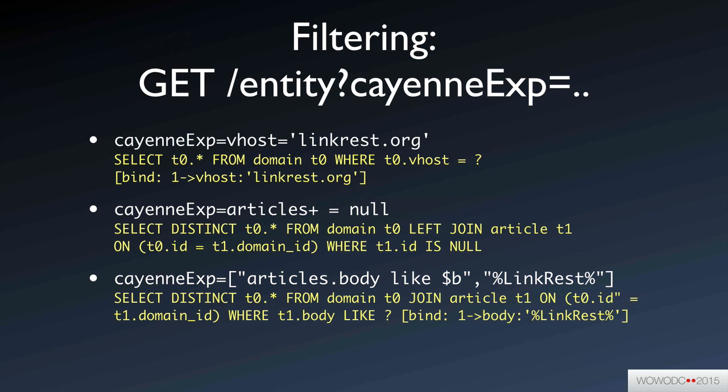And the third one shows that actually these parameters, they can take JSON structures as well. And if you're coding in JavaScript, that can be handy because that's how your JavaScript objects are organized. And it can take a list, and the first item in this list is an expression with parameters. As you see, there's a $B at the end. And then you pass a list of parameters to that.